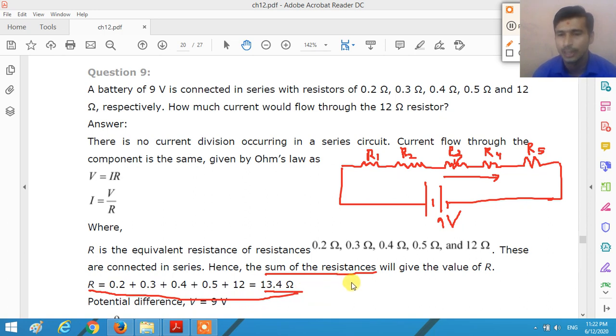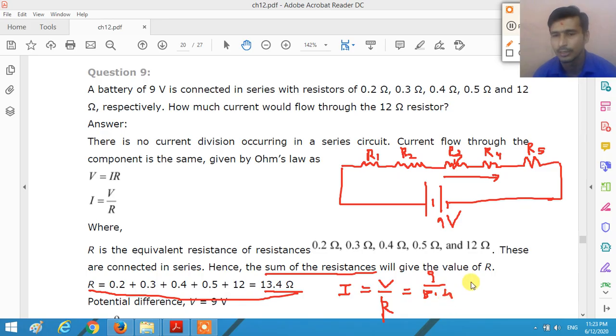So now the current passing through the 12 ohm resistance, I is equal to, we know the formula, V divided by R. We take 9 volt and R we take 13.4 ohm.